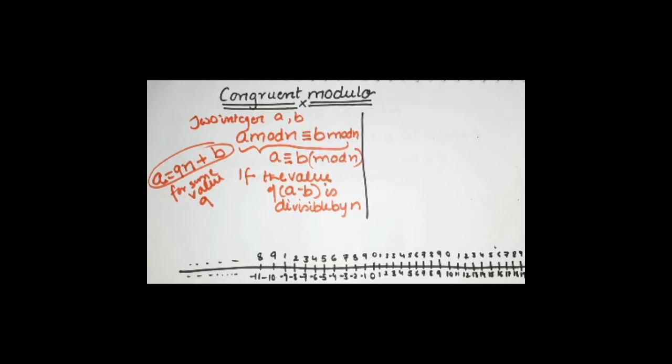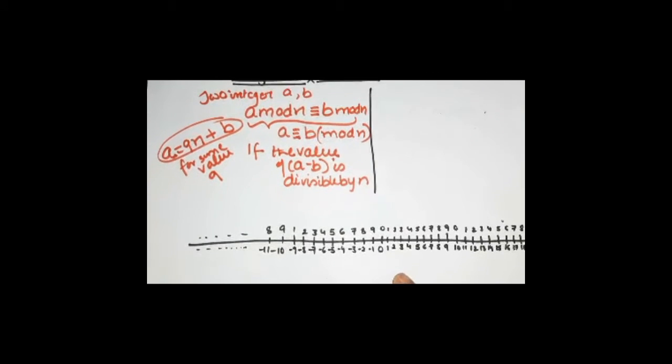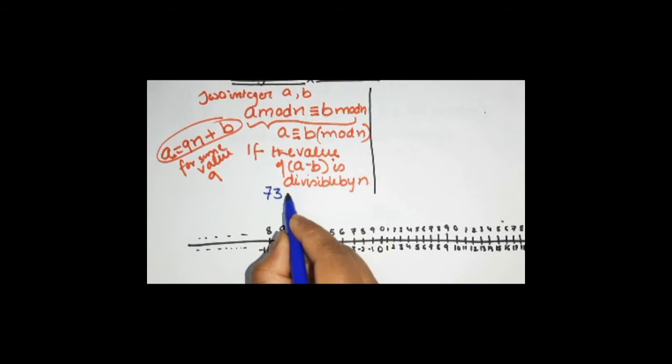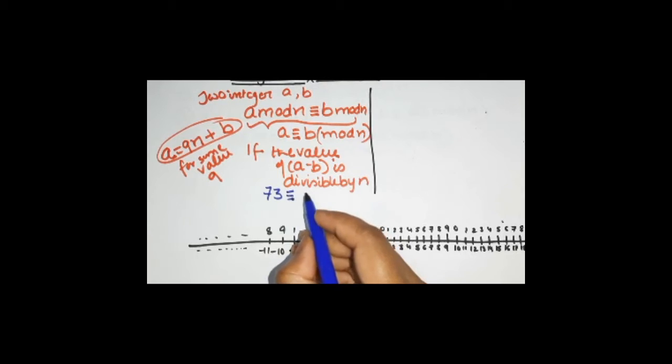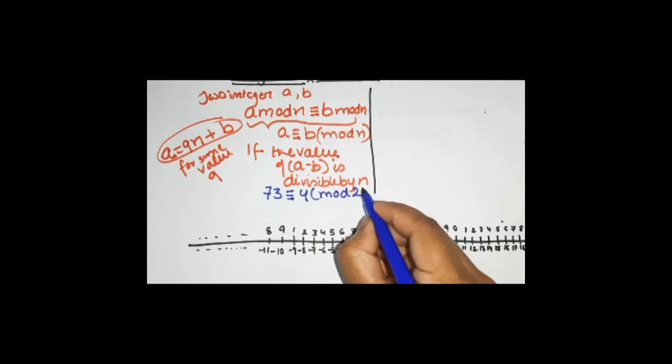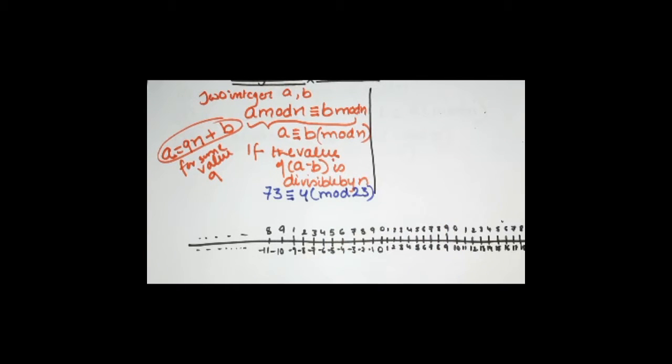Okay, now let me take up an example to explain the concept of congruency. Here I am telling you that 73 is congruent to 4 mod 23. Now, what are the different meanings associated with this?